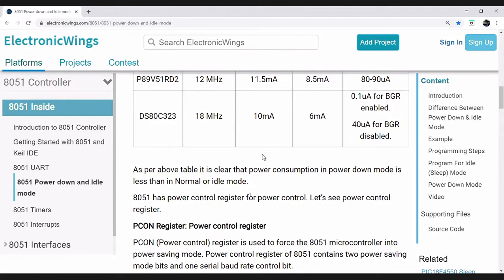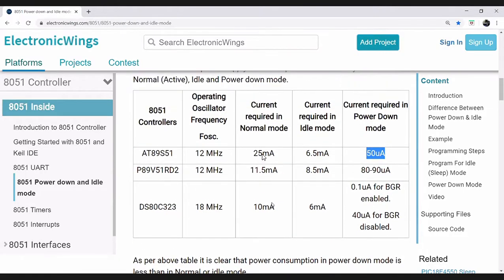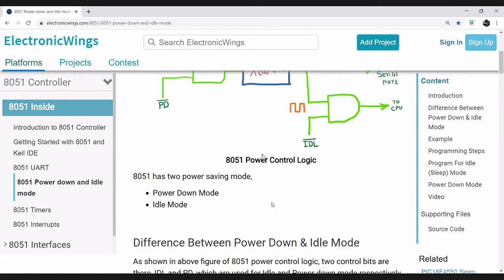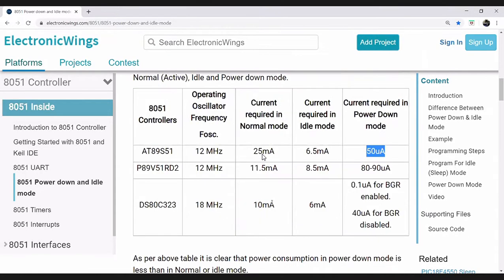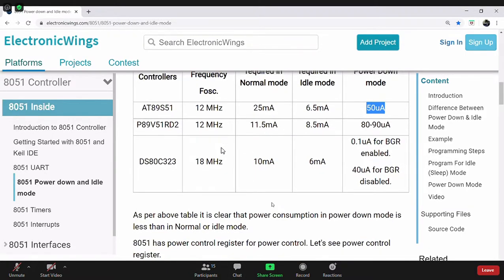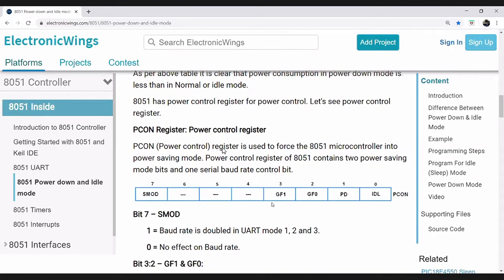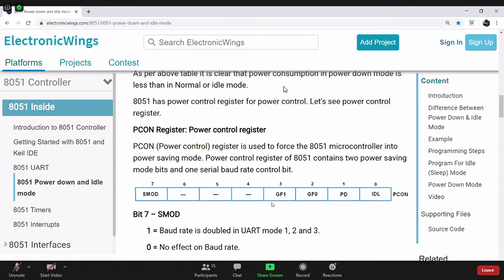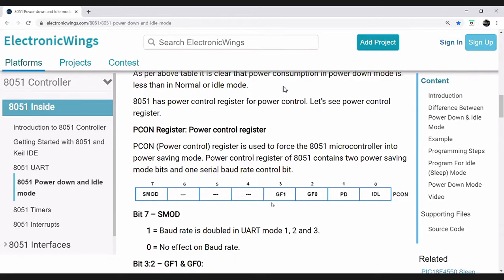The 8051 has a power control register. Yes, now this is important. Is it clear till this point, idle mode, power mode, power down mode? Now, especially for power control, the 8051 has a special function register called PCON.